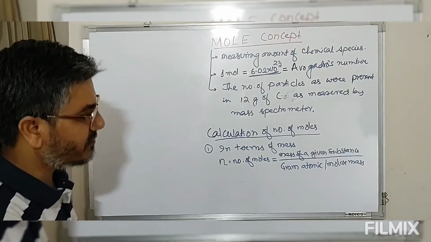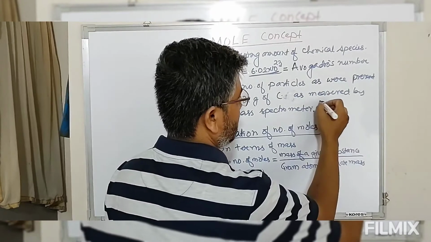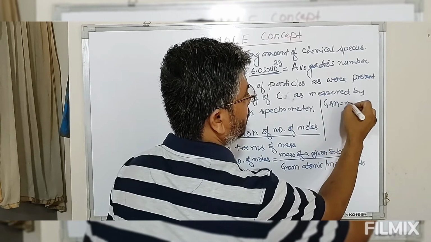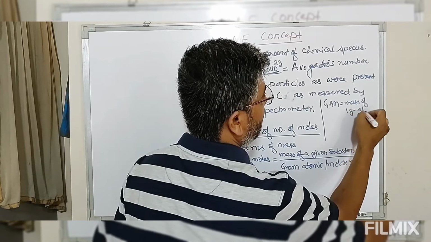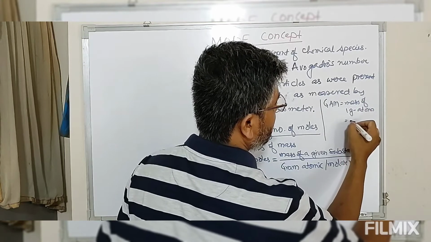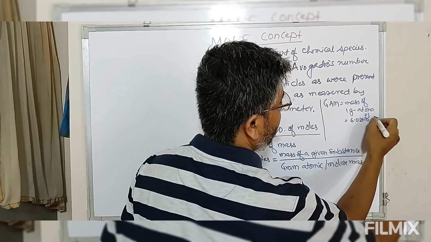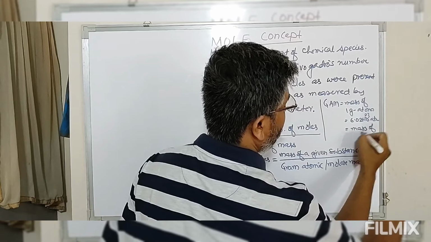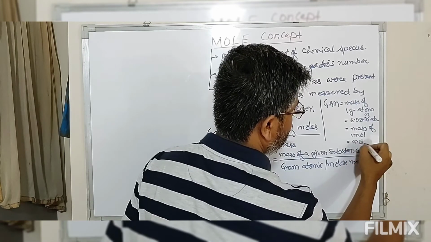Now in our case we have gram atomic mass or gram molar mass. So gram atomic mass is equal to mass of 1 gram atom, that is mass of 6.02 into 10 to the power 23 atoms, which is equal to mass of 1 mole. So mass of 1 mole is equal to molar mass.